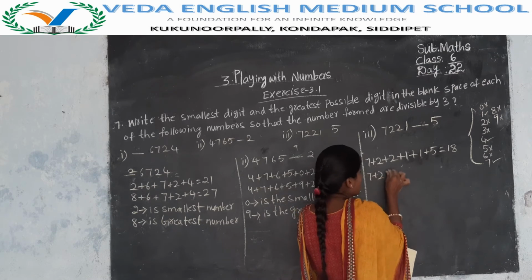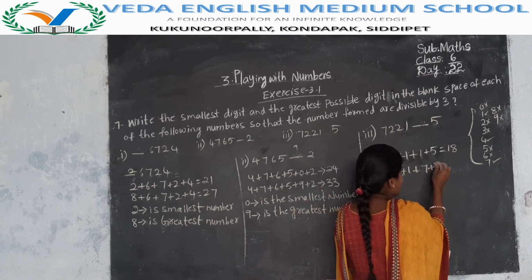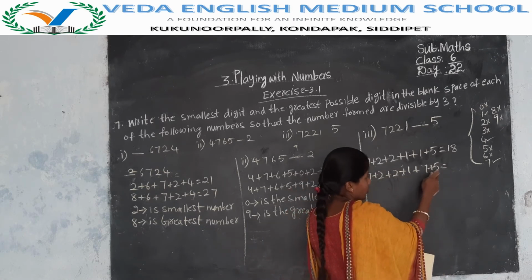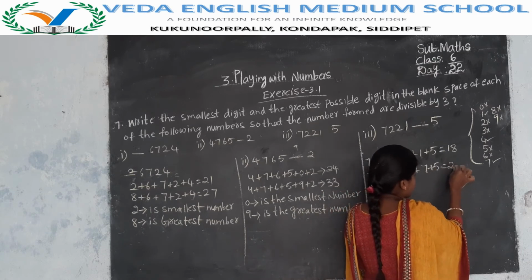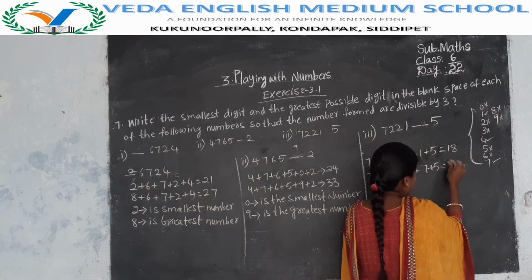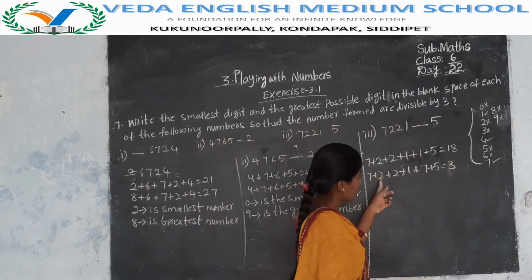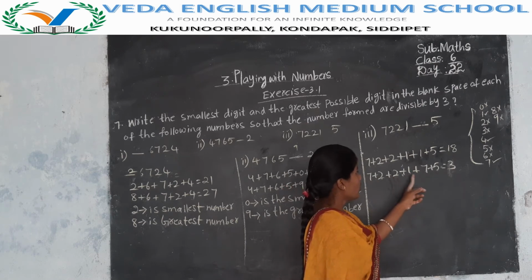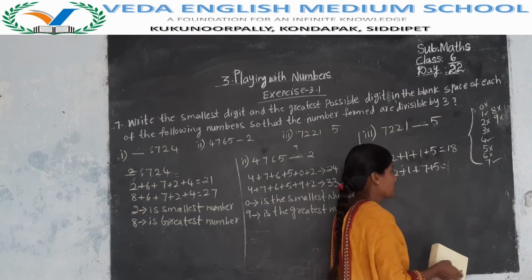Next, 7 plus 2 plus 2 plus 1 plus 7 plus 5. 7 plus 2, 9, 9 plus 2, 11, 11 plus 1, 12, 12 plus 7, 19, 19 plus 5, 24. Sorry.